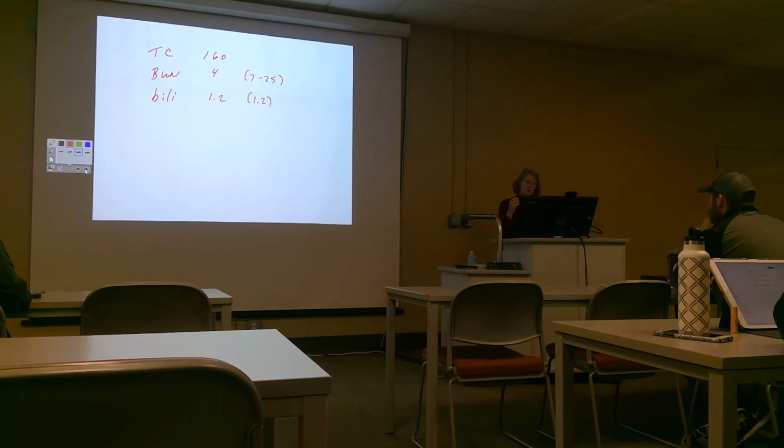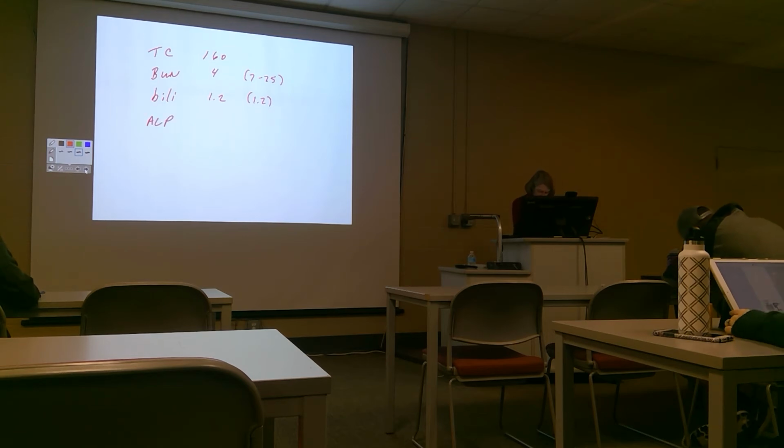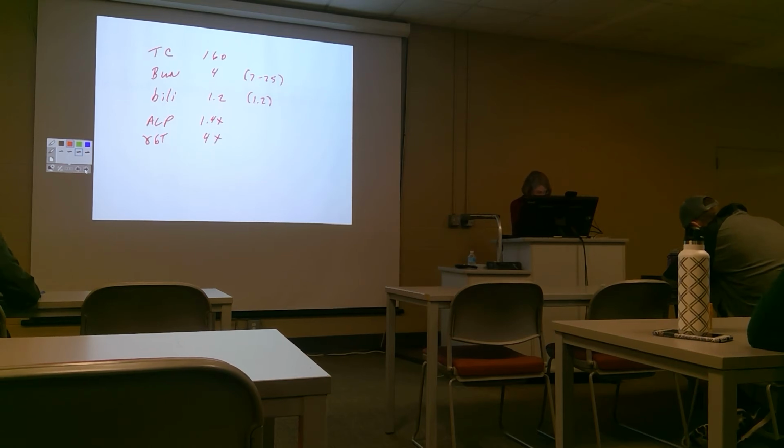So when we get to the rest of this picture, again, be really careful about just looking for things that are in bold or have a little plus or minus next to them. It's read as normal, but it's significant. Is alkaline phosphatase about 1.4 times the upper limit of normal? Is GGT about 4 times the upper limit of normal?